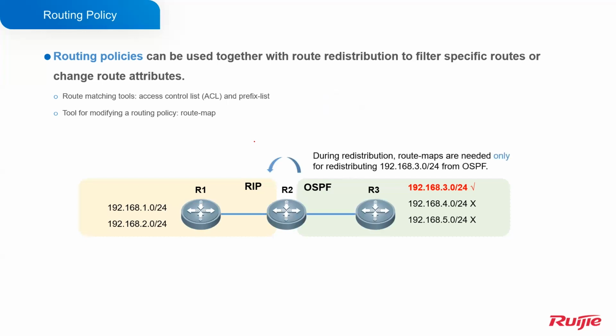Now, in this case, we should do the redistribution on R2. And during redistribution, route maps are needed only for redistributing 192.168.3.0 from OSPF to RIP, right, in this figure. So we should have a tool to match 192.168.3.0, and then we should use the route map to apply some policies to it.